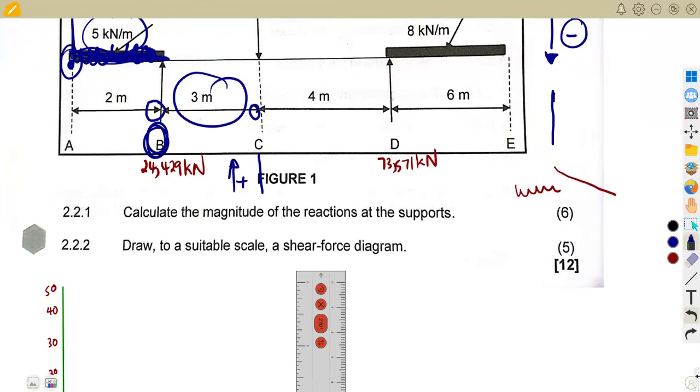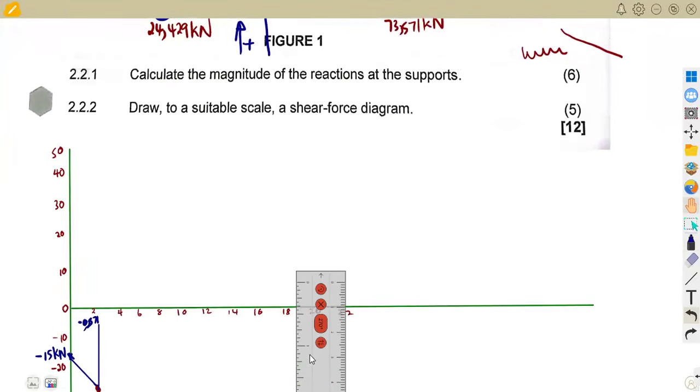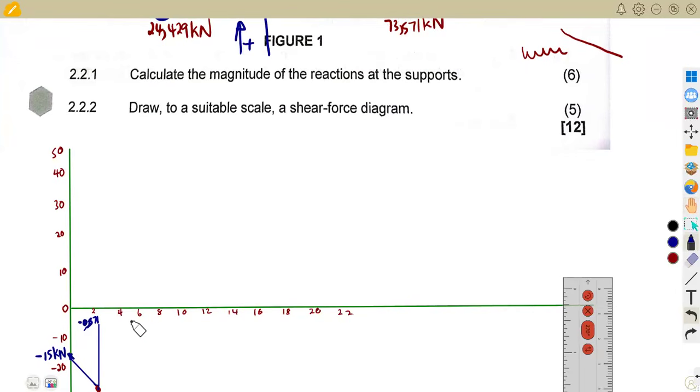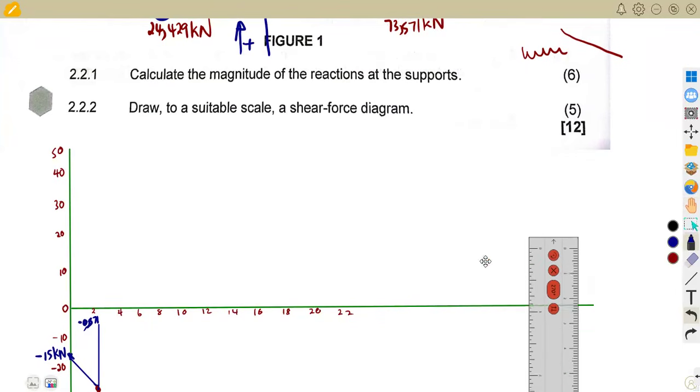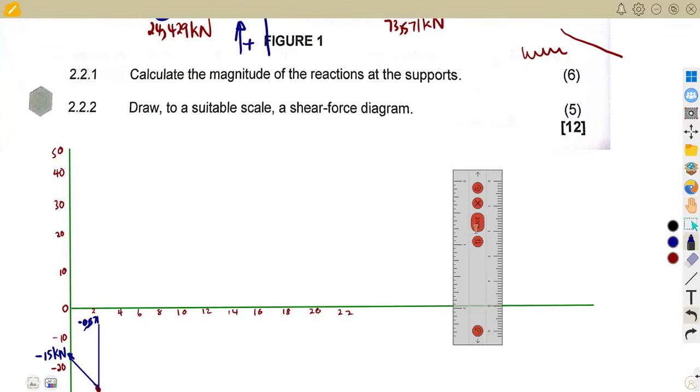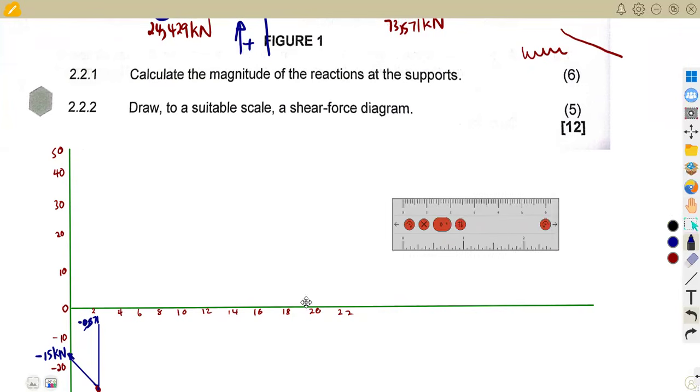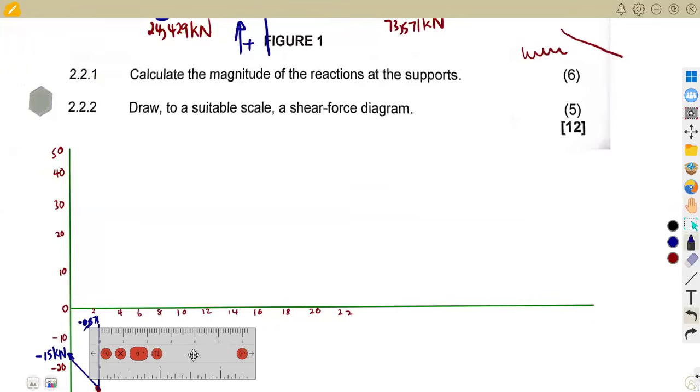There's just a distance of 3 meters. You're just going to move 3, meaning to say we'll be around somewhere 5 there. So you're just going to move straight. There's nothing happening there. We do not have any distributed load. We do not have anything at all. So just maintain that for 3 meters. It's going to be approximately around 5 there.